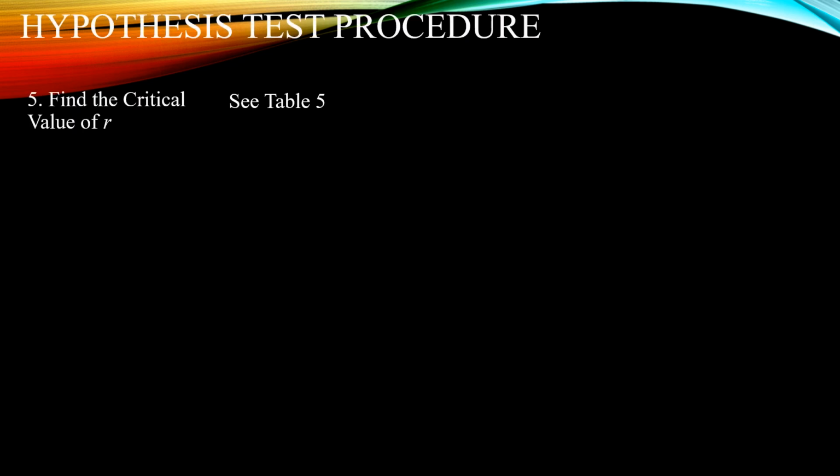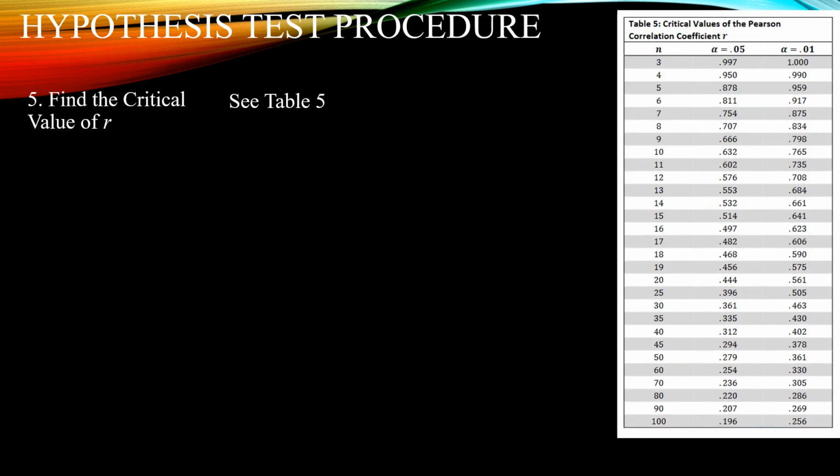So to find the critical value that will separate the rejectable from the acceptable region, again, you find that on Table 5, critical values of the population coefficient R. And then you make a decision.